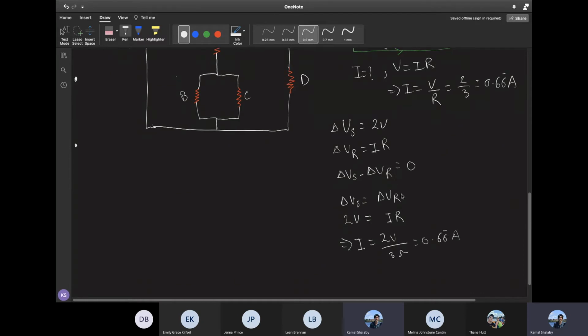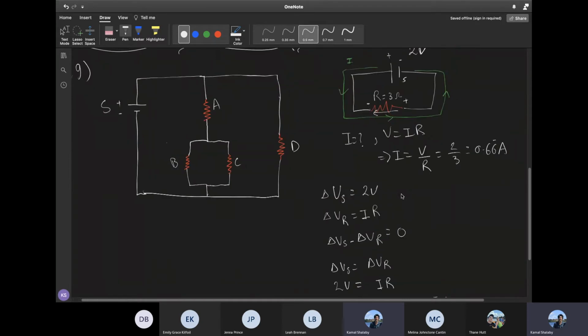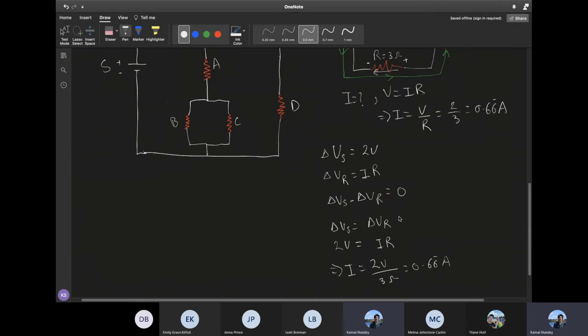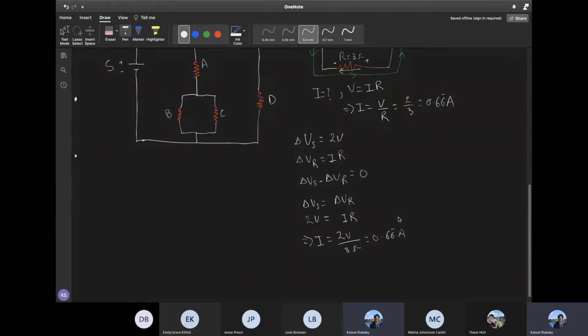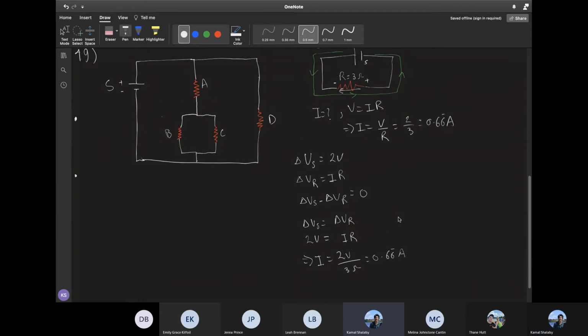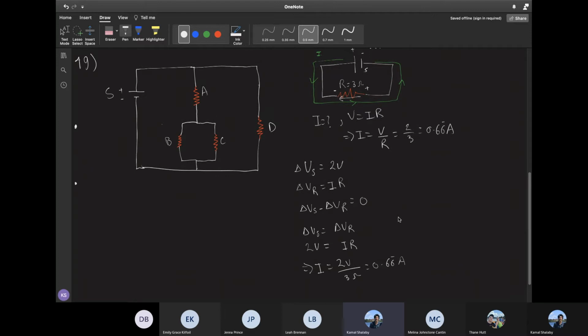Aside from the minus sign I was messing up here, do you get what is happening, more or less? Kirchhoff's law states that the sum of all delta V's should equal 0.